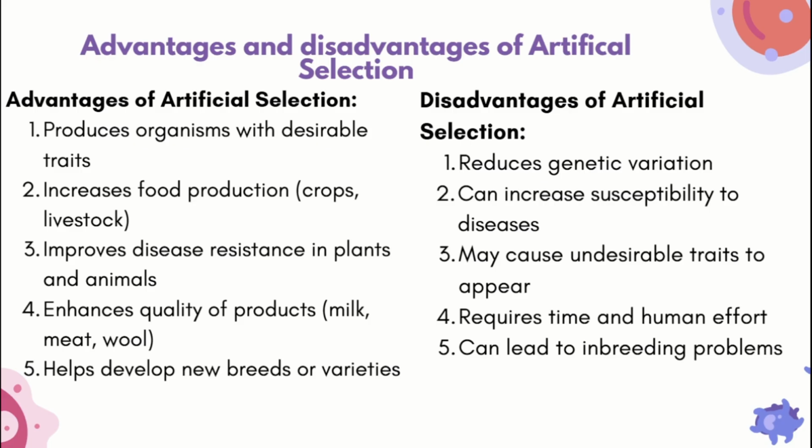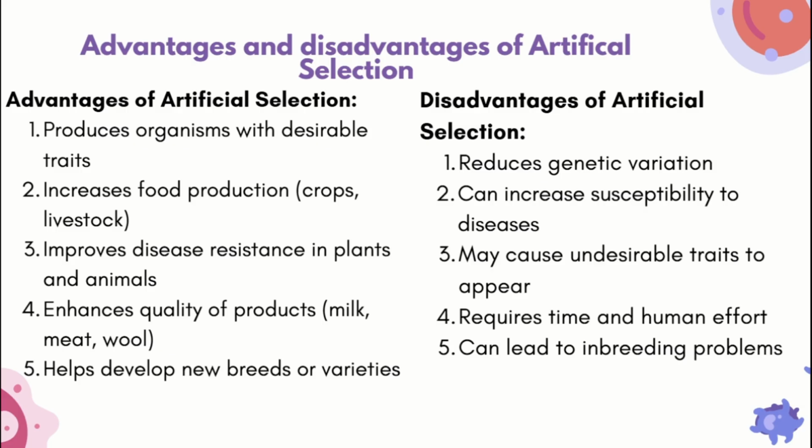The next thing about artificial selection is that it requires time and human effort. Time and human effort. And then the last one says it can lead to inbreeding problems. So basically, I believe that not everything that can be tampered with should be tampered with. Some things we should leave alone because sometimes we don't know what we're putting together or what can happen.